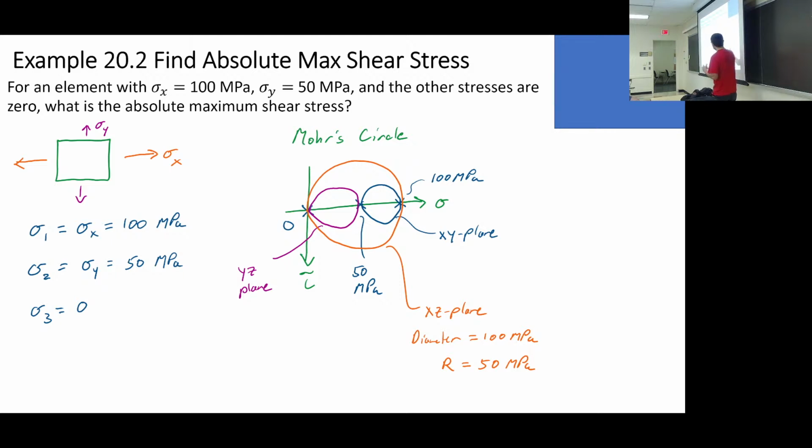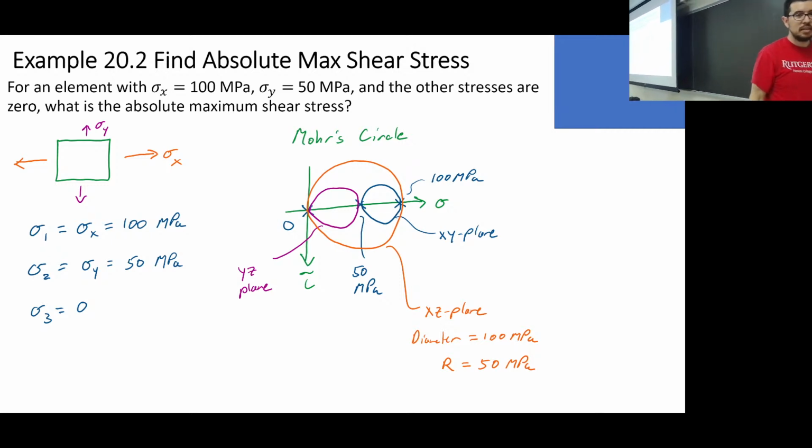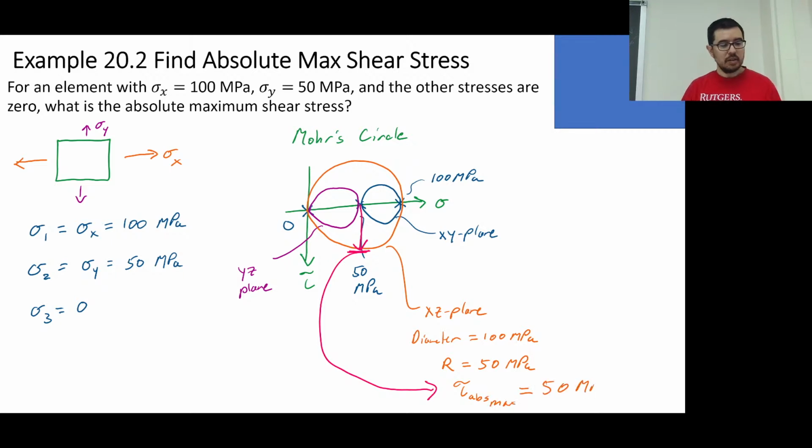But this circle over here would be smaller, and this circle would be larger. Okay, does that make sense? All right. Okay. So the absolute max is going to be the 50 megapascals.